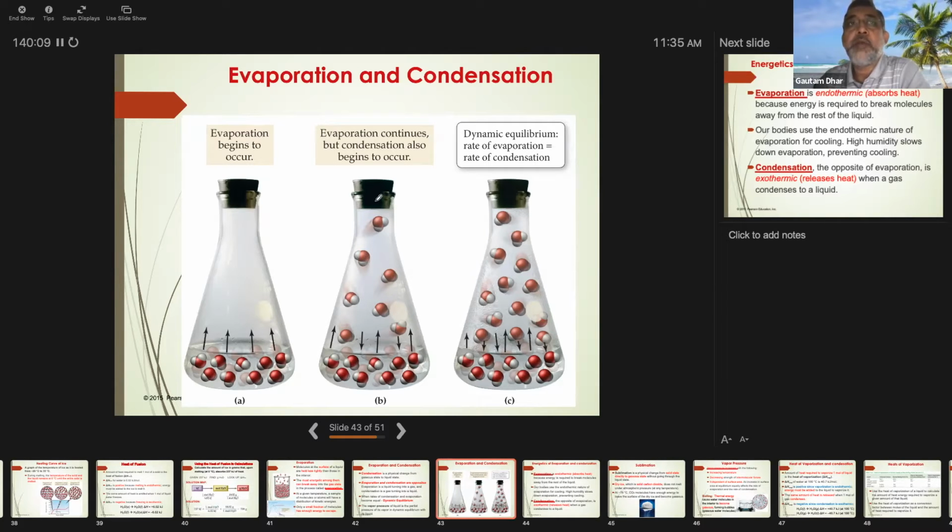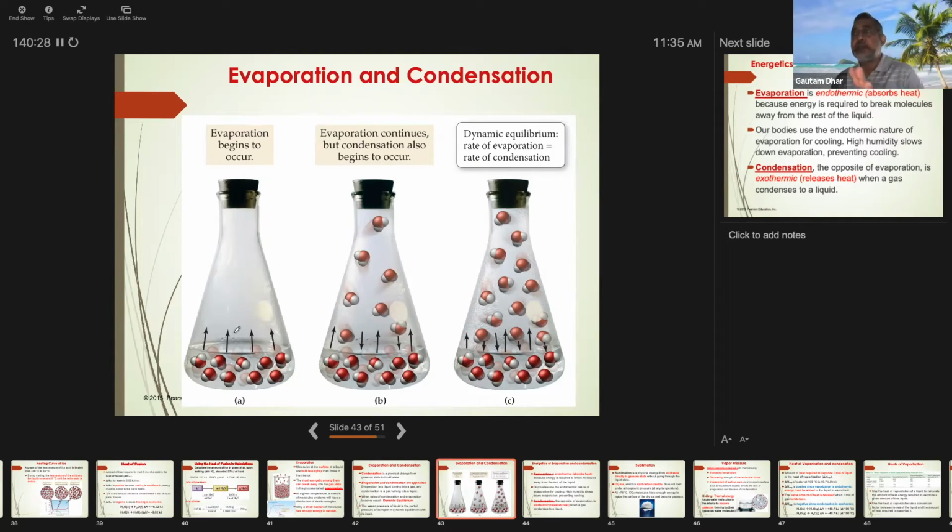Now, as more and more vapor gets collected, they'll try to condense back to the liquid. So there are always two opposing things going on. There is always some evaporation happening and some condensation happening. At the very beginning, in situation A, things are all evaporating.